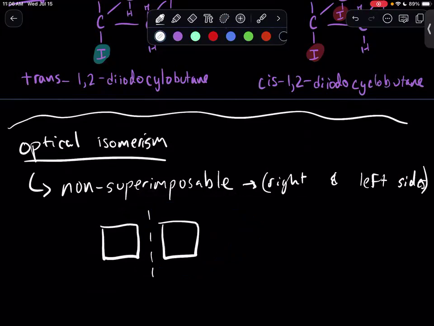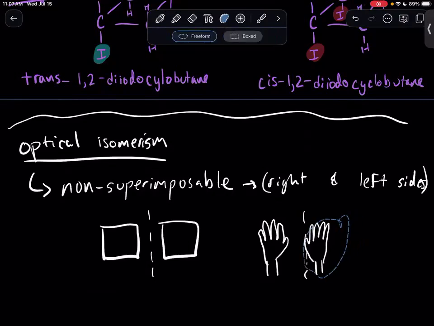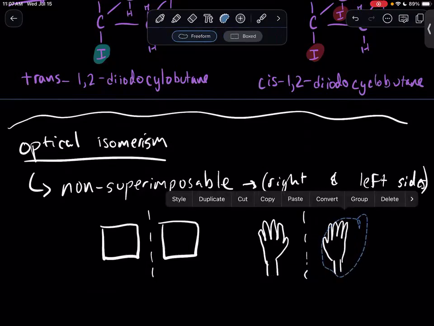However, if I were to take a hand, and now you get to witness my terrible drawing skills, and I were to put these over one another, we'll notice that even though they're mirror images, just like the box and the box, they are not the same. The thumbs don't overlap quite right because they're on opposite ends. The pinkies don't overlap right. And you can look at this in your own two hands.